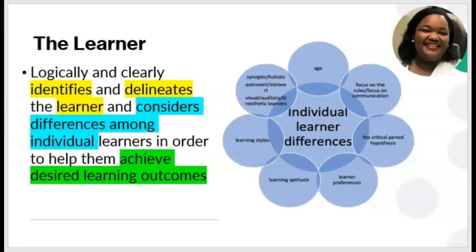Students have different levels of motivation, different attitudes towards the content, different attitudes towards you, different responses to specific stimuli and instructional practices, and all of these differences create the likelihood that the student is going to retain the content.